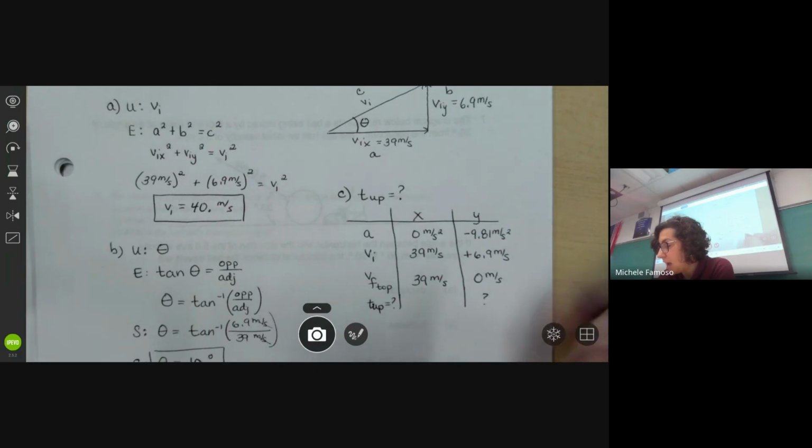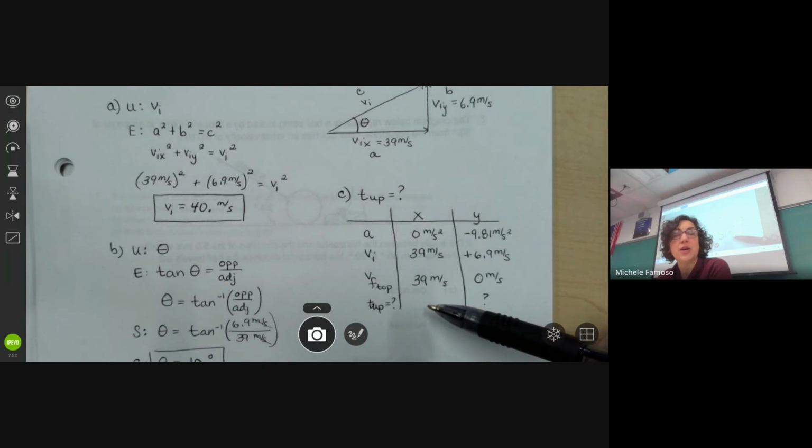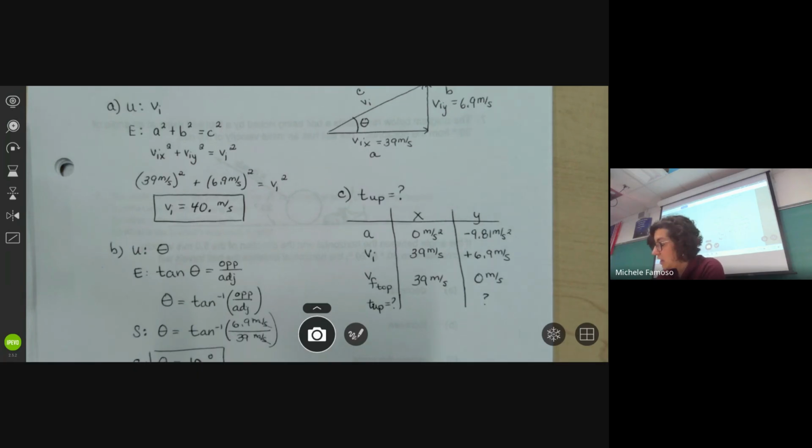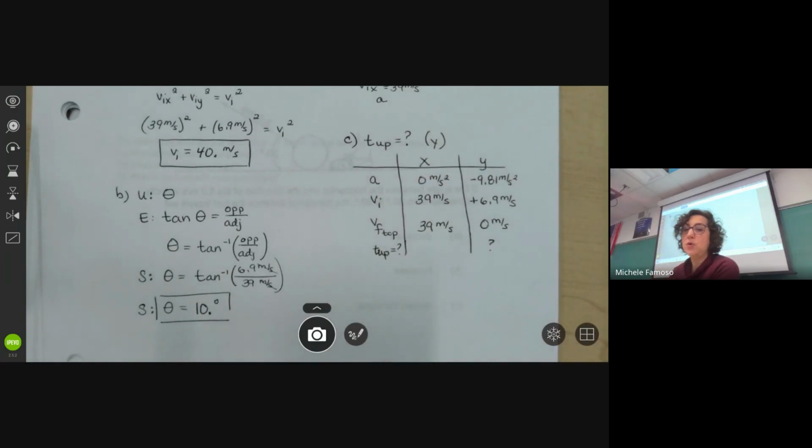Yeah, because that's where we see a change in speed. So we'll have more equations available to us to help us solve. In fact, anything that involves time in the X direction is not going to work because it's multiplied by an acceleration of 0. It would drop out. You wouldn't be able to get it that way unless you had a distance. So we're going to use the Y set of givens only to help us get that time.